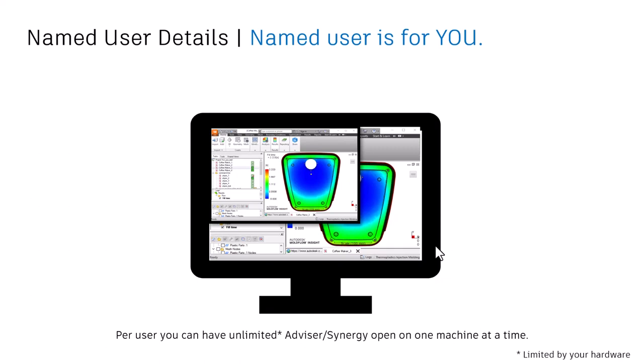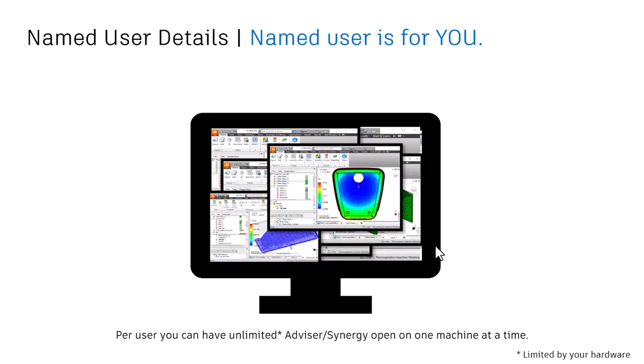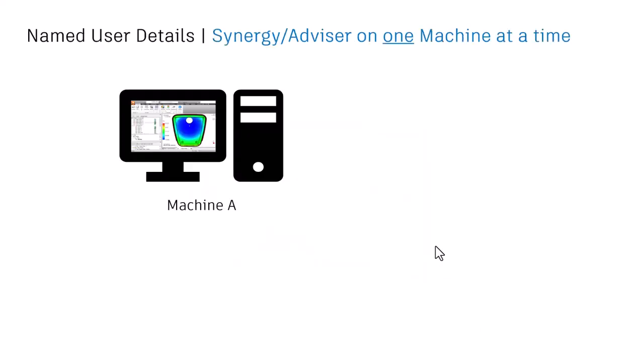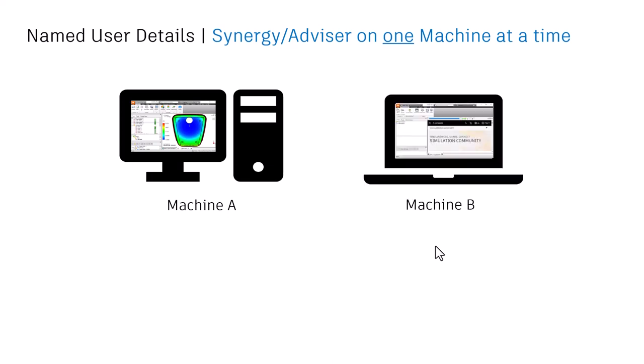As you've been doing with a multi-user license, with Synergy you continue to open multiple windows on the same machine as you did earlier. There is no change in that. The only thing is that if I had a single license of Synergy and I'm working on machine A, and my colleague tried to open Synergy on machine B, he would get an error.